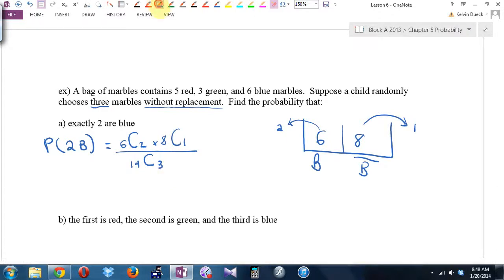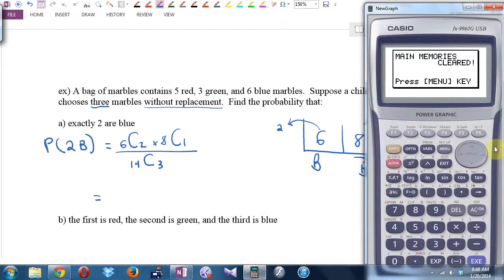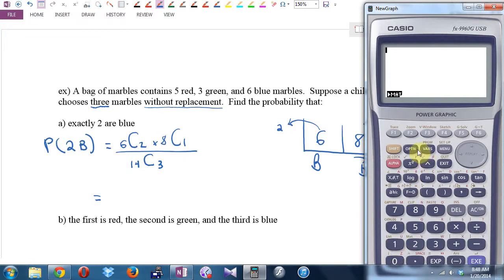Now it's time to go to my calculator, and these answers I almost always get as a decimal. Probably could do it as a fraction, but I tend to go decimal because it's going to be option, arrow sideways, probability, 6 choose 2, and 8 choose 1, divided by 14 choose 3.